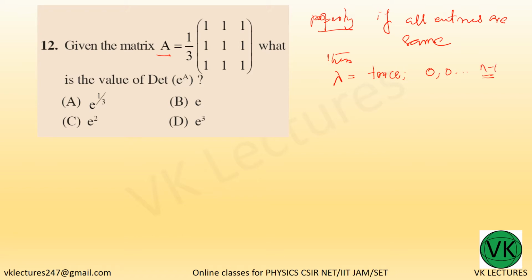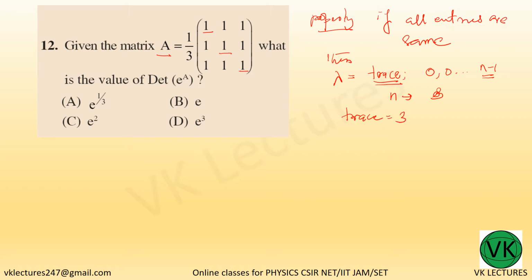So it will have n eigenvalues. Out of that n eigenvalues, one eigenvalue will be non-zero, that is trace. So here what is the trace? That is equal to 3. So trace equal to 3.